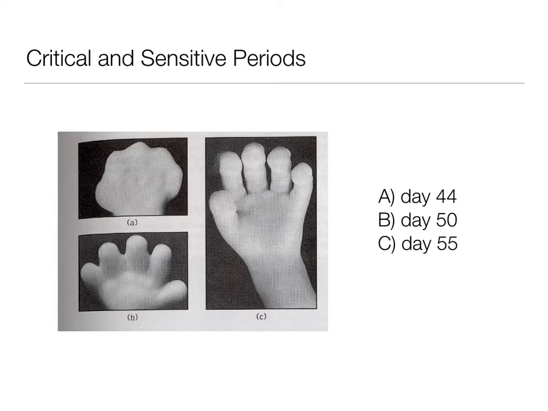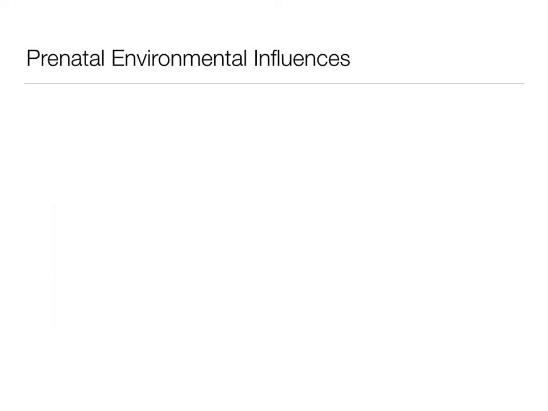So once we pass this period, you can't go back and develop a hand. For major structures, these periods are very early on, where we have a lot going on in prenatal development, and so these environmental influences can have a big, big impact.